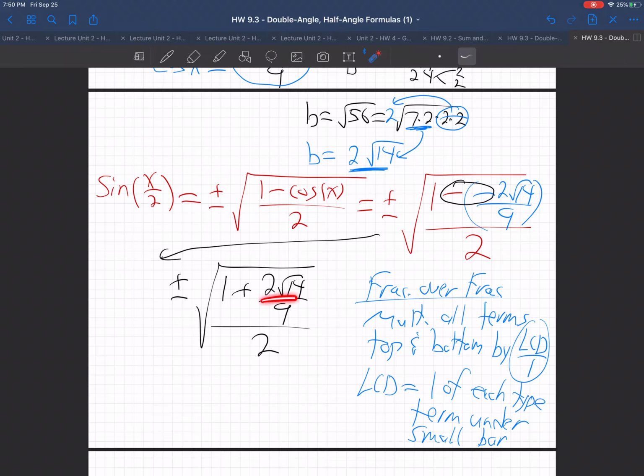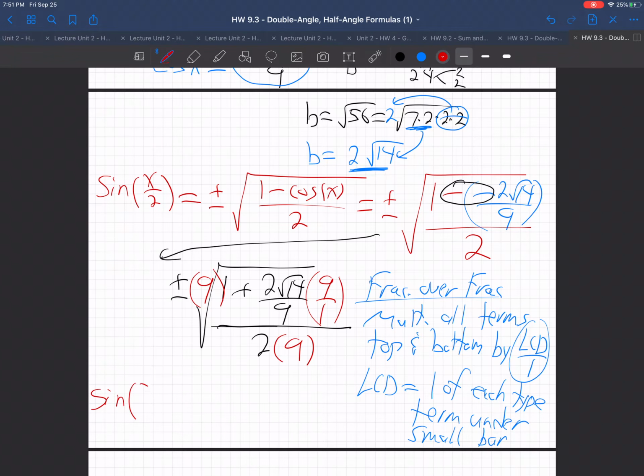So we're looking here at the small bar. We don't care about the major bar. I'm talking about the small bar. We have a 9, and that's the only item under the only small bar, 9. So the LCD over 1 is 9 over 1. What do we do? I multiply by 9 over 1. When they're not a fraction, like here, you can just multiply by regular 9. It's the same thing, right? You have to multiply all the terms, top and bottom, though, don't you?